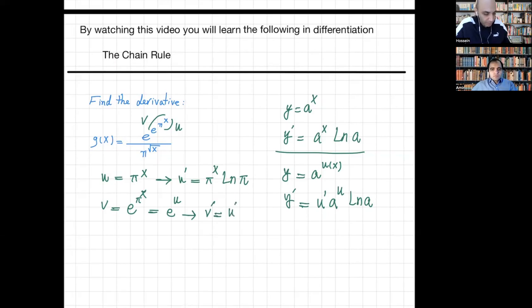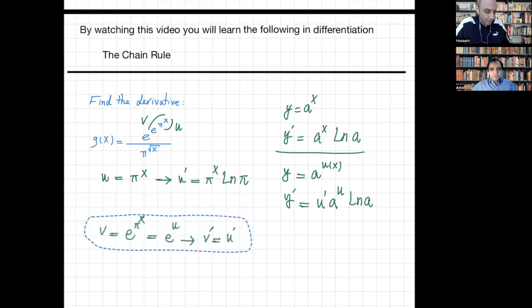Let me bring this down a little bit, I'm running out of space. So v prime is equal to u prime e to the u ln of e, which is 1. So I have u prime e to the u.